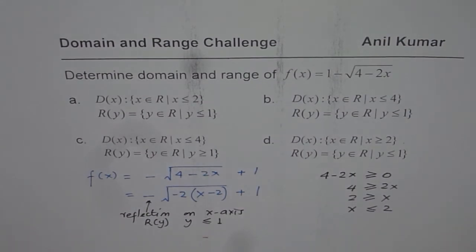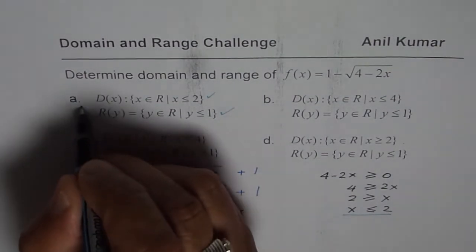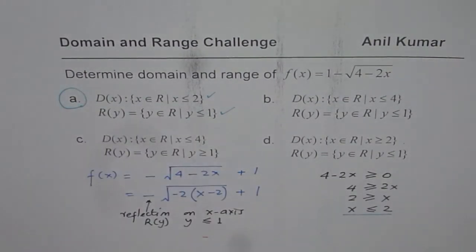So that becomes the domain. So we have the condition here, x ≤ 2, which gives us probably this option, and no other option. And y ≤ 1, which is also the very first option, and therefore the combination A is just the right combination for us.